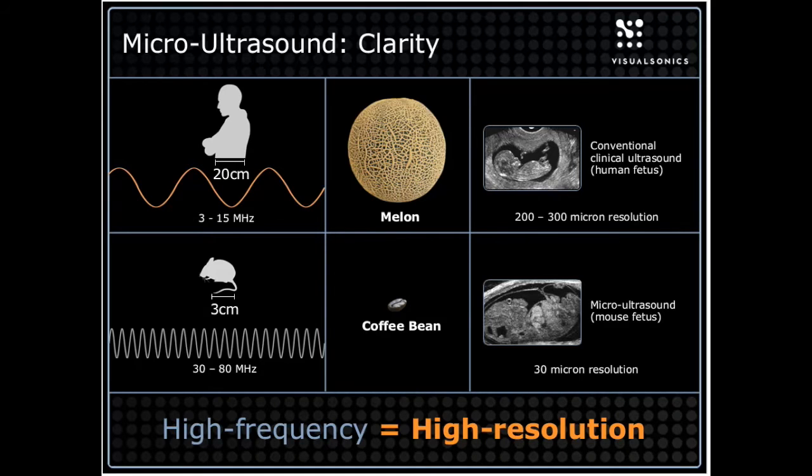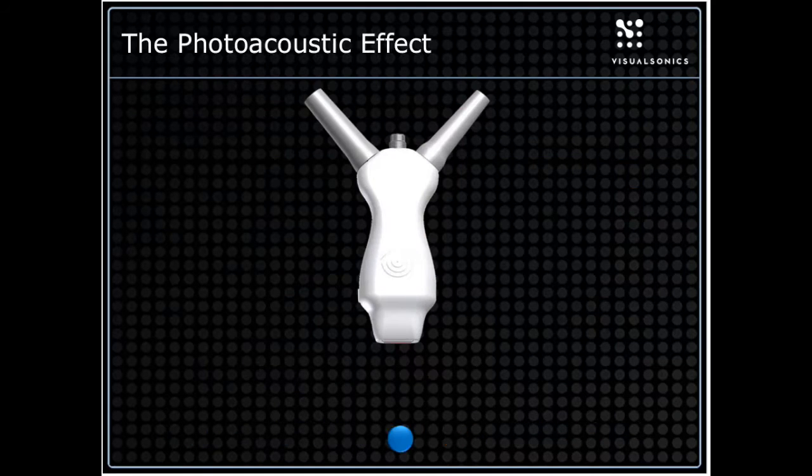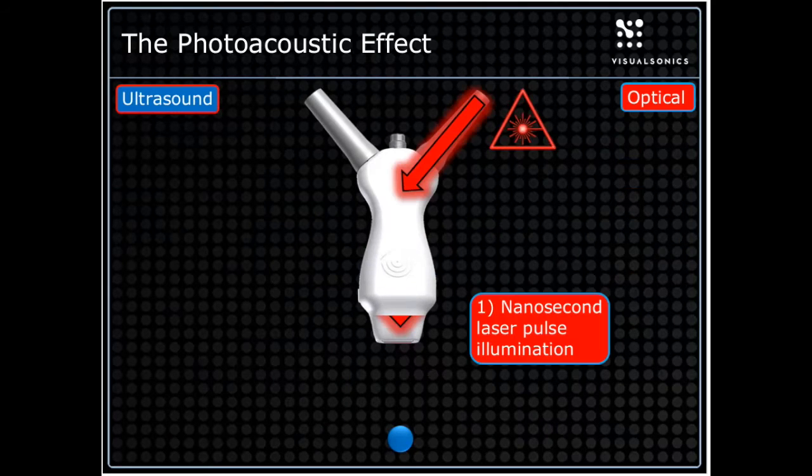For photoacoustics, I want to talk about the photoacoustic effect. First of all, photoacoustics is really a hybrid of optical and ultrasound, where we use a pulsed laser light. So we use this optical signal, we illuminate a tissue.